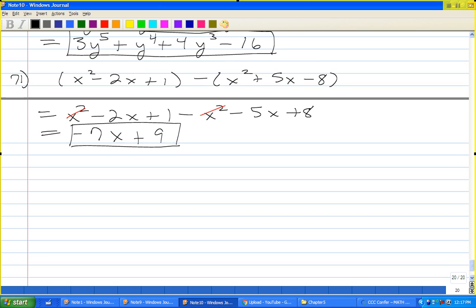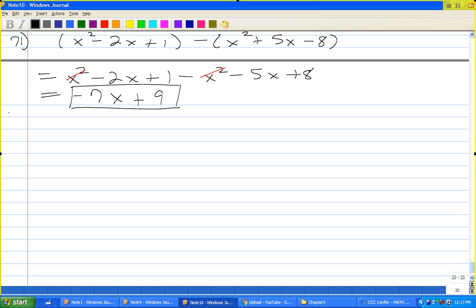73. Subtract negative x cubed plus 3x minus 2 from negative 2x squared minus x plus 4. Then we get rid of the parentheses.